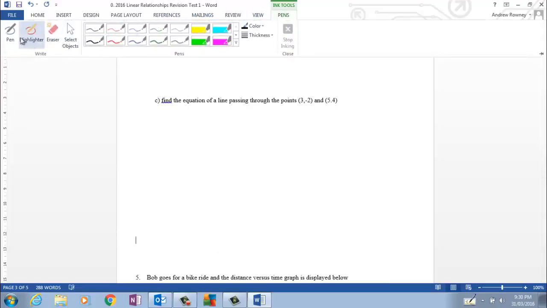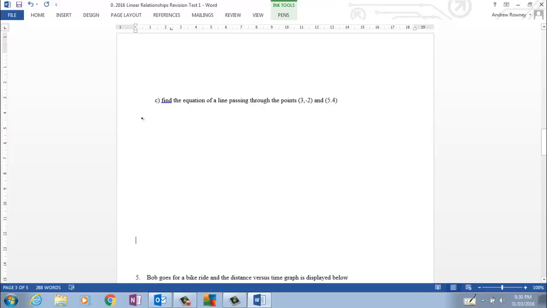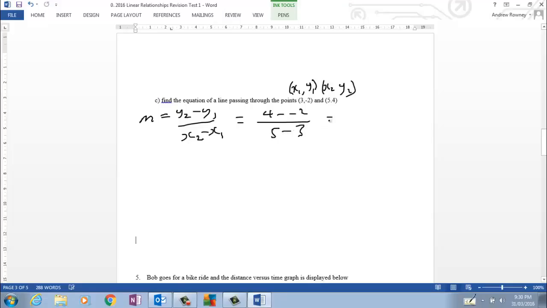Now to do that, we're going to use the slope formula, which is y2 take y1 over x2 take x1, where this is x1, this is y1, this is x2, this is y2. So y2 take y1 is going to be 4 take minus 2. x2 take x1 is going to be 5 take 3.